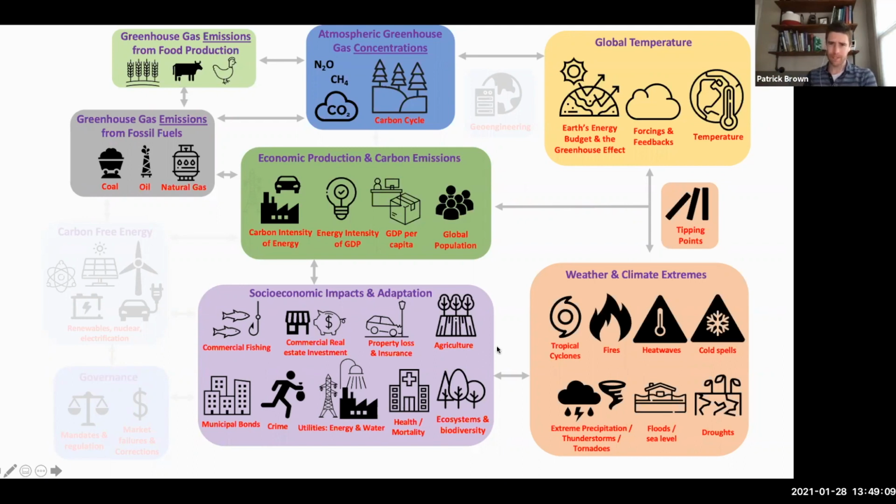High profile examples would be changes in agriculture. As it gets warmer, and as you might see a higher frequency of droughts in some locations, that's bad for growing crops. Commercial fishing can be affected. As the ocean gets warmer, you can make ecosystems less healthy, and you have less fish, or you have fish moving away from places where you're fishing for them.